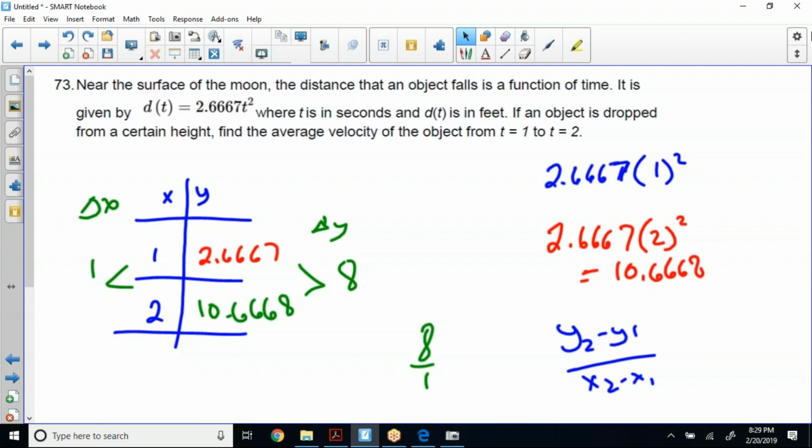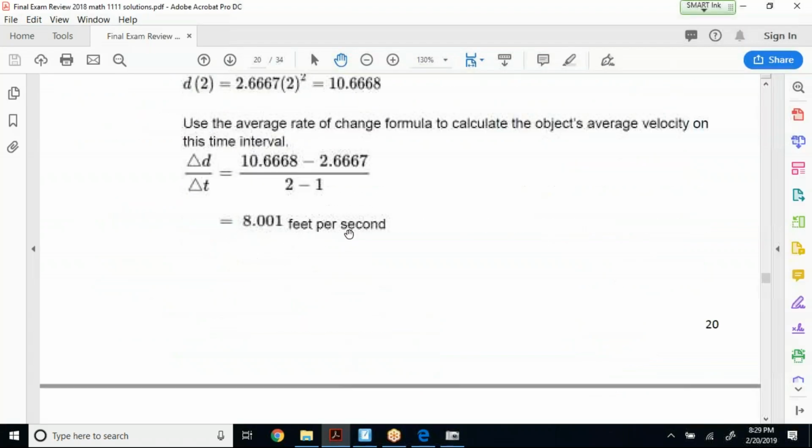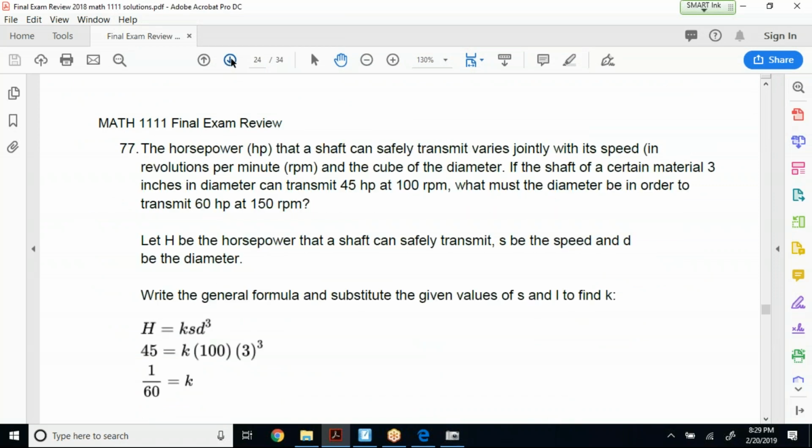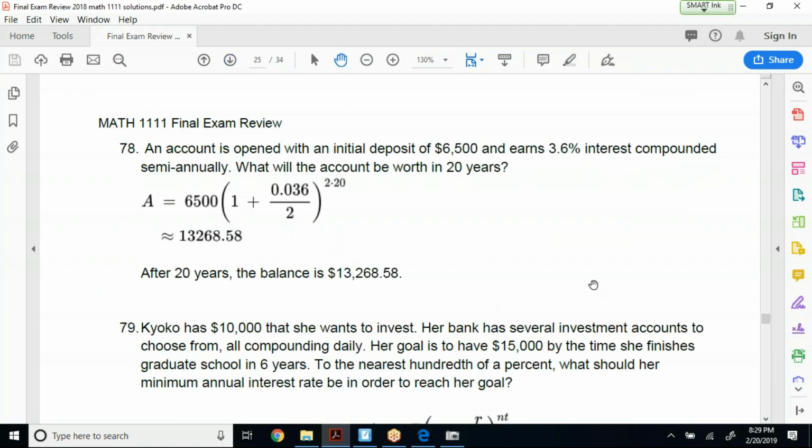All right. What you got? 78. Yeah, that's a good problem right here. You'll have one like this. Look at the problems I told you to prepare. How many of those are word problems?